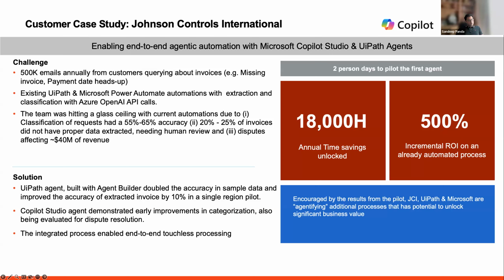So they essentially looked at Microsoft and UiPath working together. We helped them. In fact, Masaki was involved in that. He was the architect on the UiPath side. We helped them build a UiPath agent for extraction, and kept a Copilot agent for the vendor communications, because a lot of that was already built in the Microsoft ecosystem.